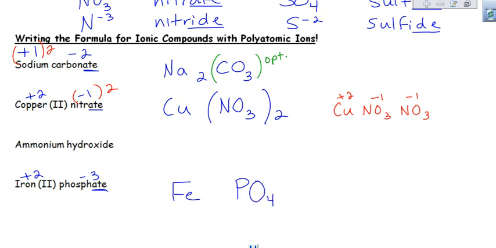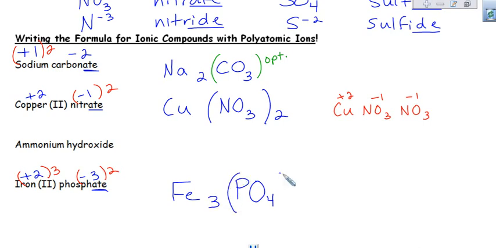Okay, so we need to make this neutral. And again, I only have 2 charges, so I'm probably looking for a plus and -6. So how about 3 iron and 2 phosphate? Those become my subscripts in the formula. I need 3 iron and I need 2 phosphate groups.